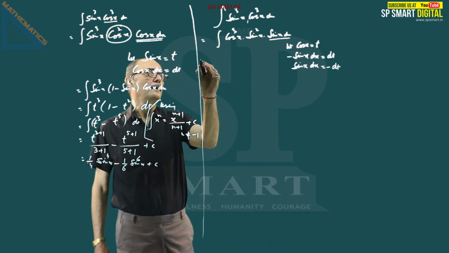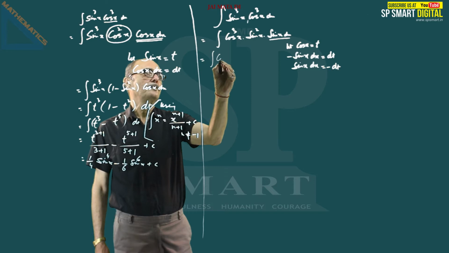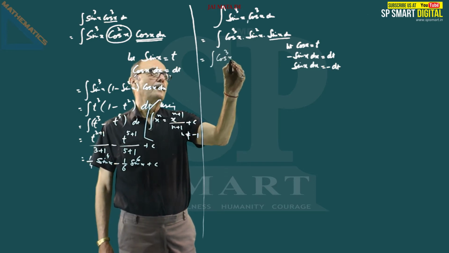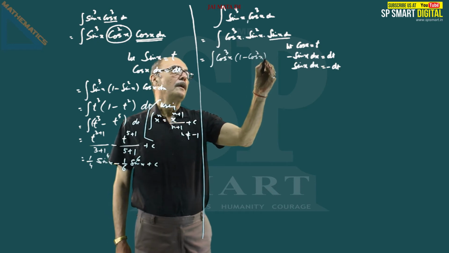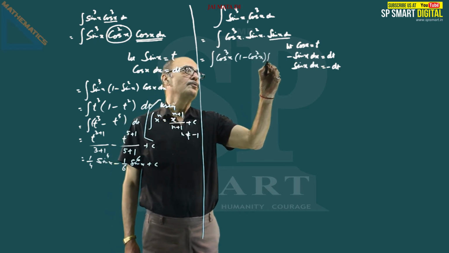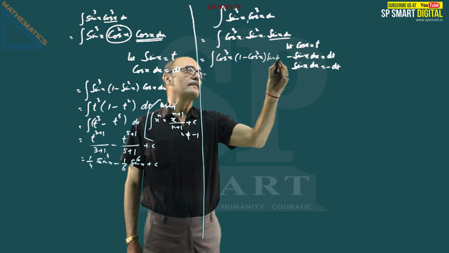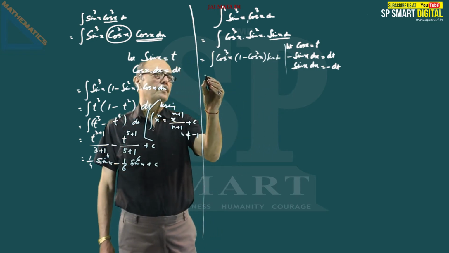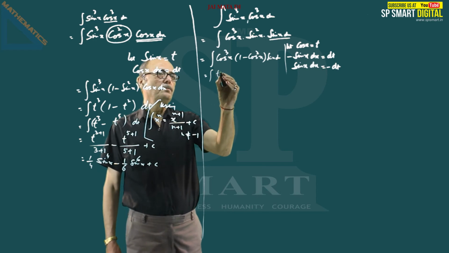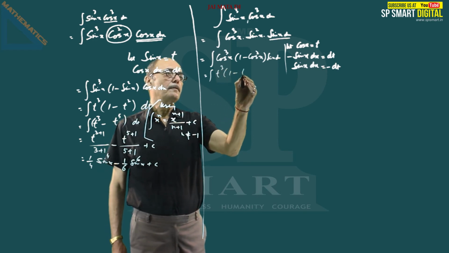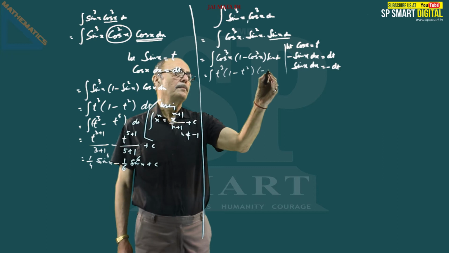So, this is integral cos cube x into 1 minus cos square x into sin x dx. Replace cos x by t. So, this is t cube, 1 minus t square, into minus dt.